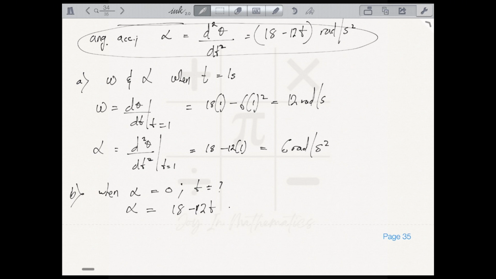So when the angular acceleration is equal to 0, let us make t the subject and evaluate t. That means t is equal to 18 divided by 12, and that is 1.5 seconds.